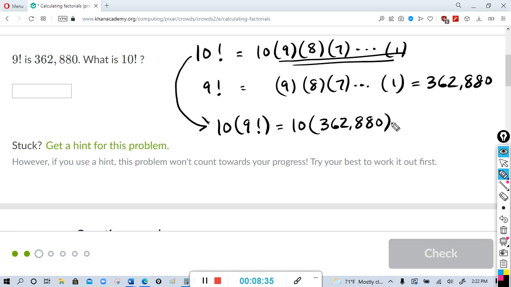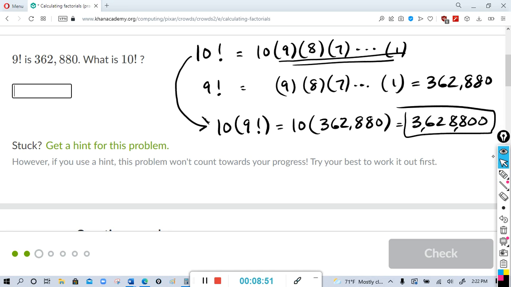When you multiply by 10, you just add a 0. So that's going to be 362,880 and add a 0. You don't need the commas in the answer, so type 3628800. All we did was add a 0 because 10 factorial is the same as 9 factorial times 10.